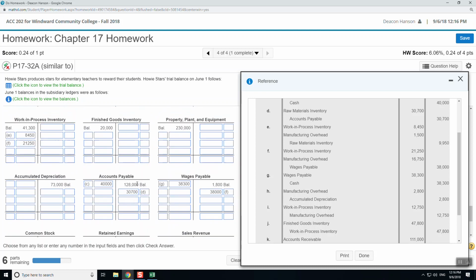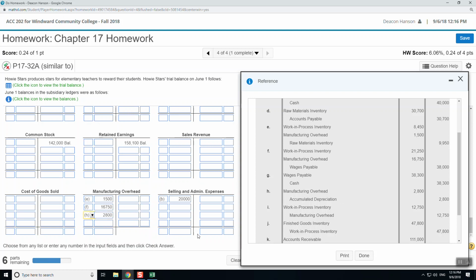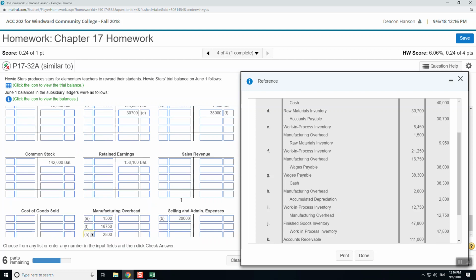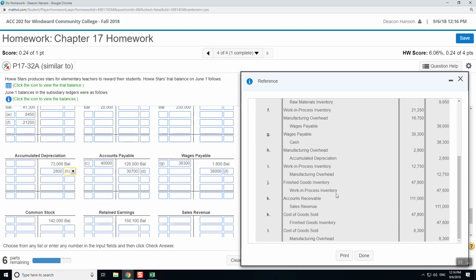H, overhead, $2,800, and accumulated depreciation, which should be right near that. Right. That was H. I, we're getting there, close.